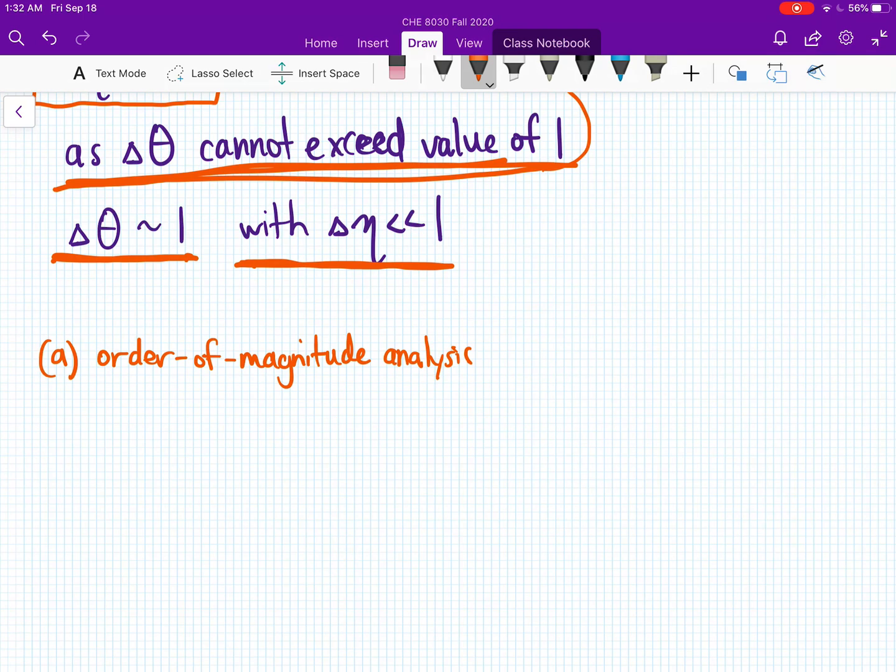Okay, so let's just look at the differential equation. The second order derivative of theta with respect to eta is equal to the Damköhler number times theta.